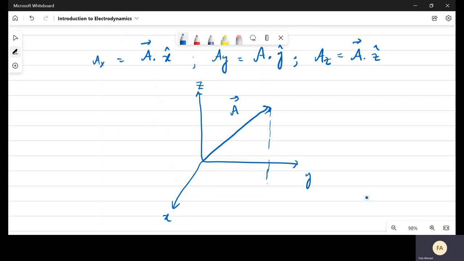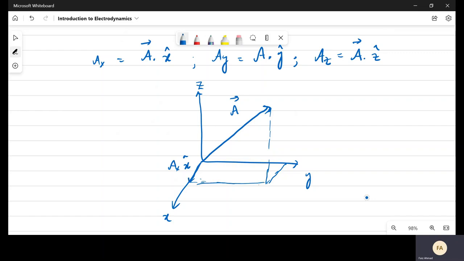So the projection on the xy plane, this length is ax, and the whole vector is ax times the x unit vector in this direction.